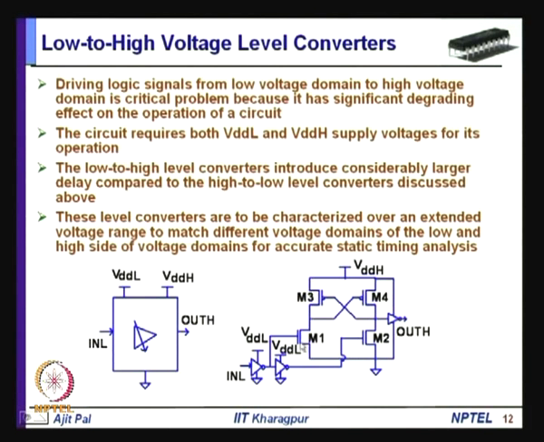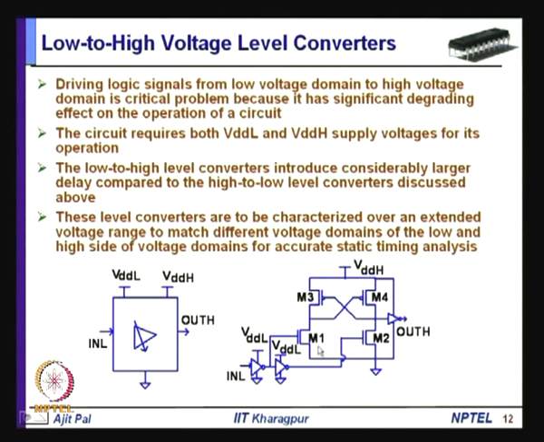Whenever this transistor turns on, it will force this point to go down to 0, turning on this PMOS, and as it turns on, this output will be forced to 1, and this transistor will turn off. There will be a kind of regenerative action. As a result, very quickly the output will change to high level.